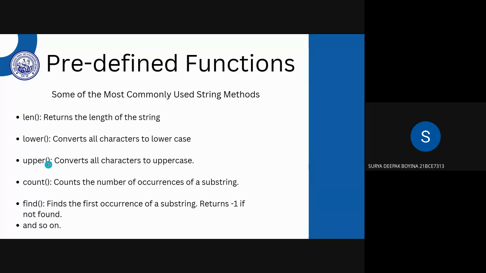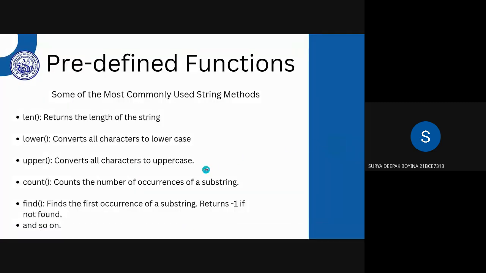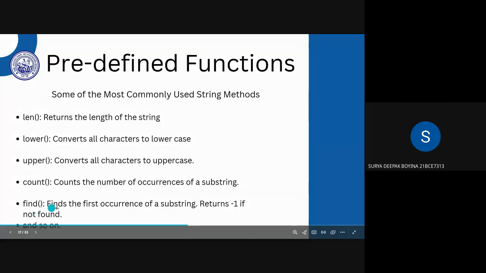Similar to this, the upper method will convert it to uppercase. In the count method you write some substring, and it will find the number of occurrences of that substring. And the find method will find the first occurrence of the substring, and if it is not available, it will just return -1.